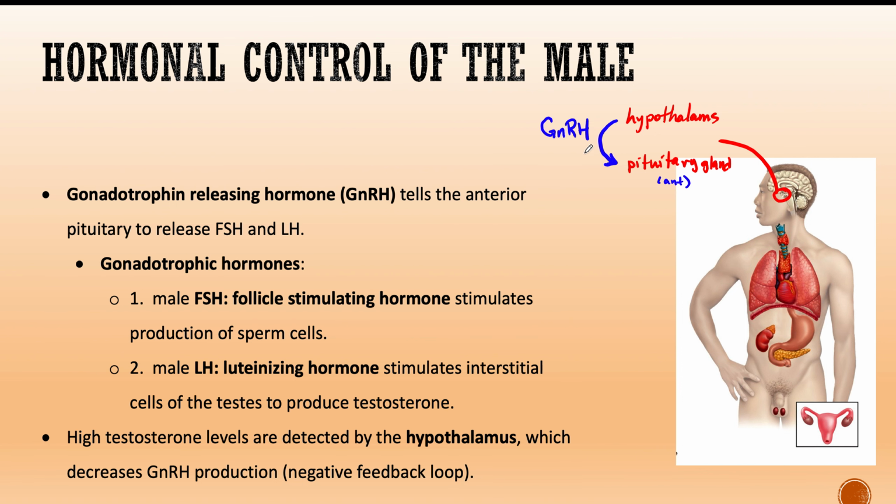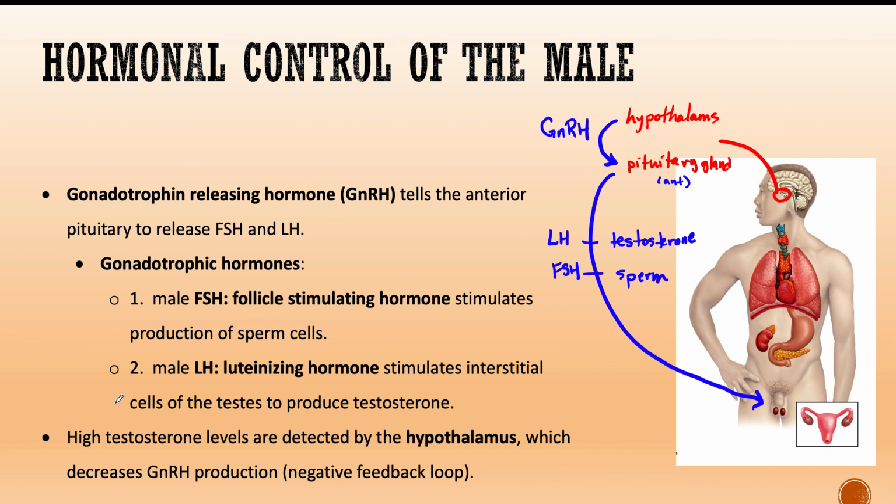The gonadotropic hormones are then going to travel through the circulatory system down to the testes, and these are LH and FSH, luteinizing hormone and follicle stimulating hormone. Follicle stimulating hormone stimulates the production of sperm cells, and luteinizing hormone stimulates testosterone production.